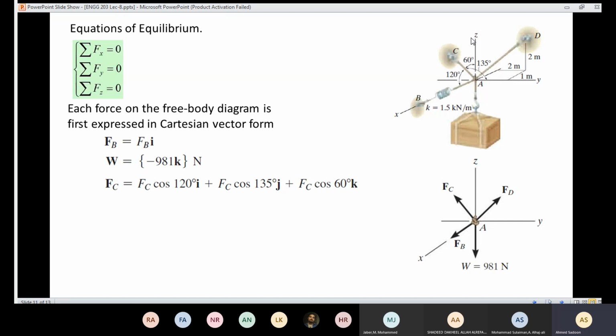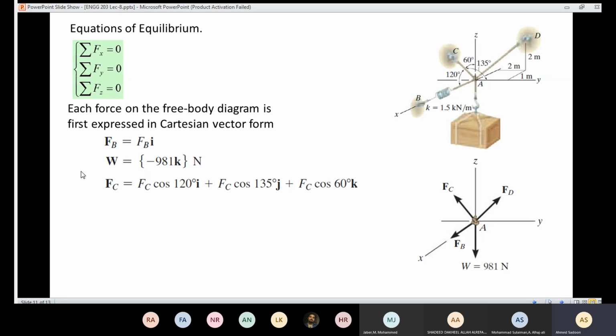And the component in Z is FC cosine 30 k. So using the direction angles, I'm able to express the FC vector.